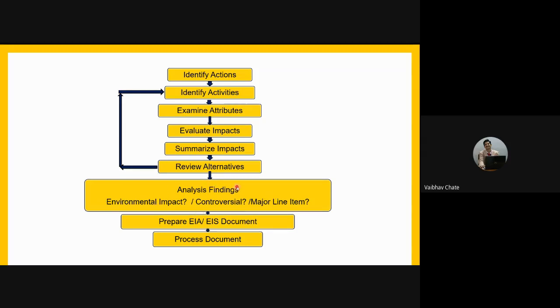For the analysis findings, we need to ask three questions to understand whether to prepare an EIA report, an EIS report, or just a negative declaration.